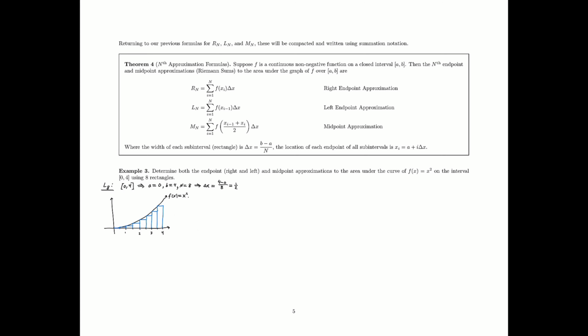So now, for the left endpoint approximation, you can see up here that we're supposed to be using f of x sub i, and down here they tell us that x sub i is this. So this means that x sub i minus 1 is a plus i minus 1 delta x.